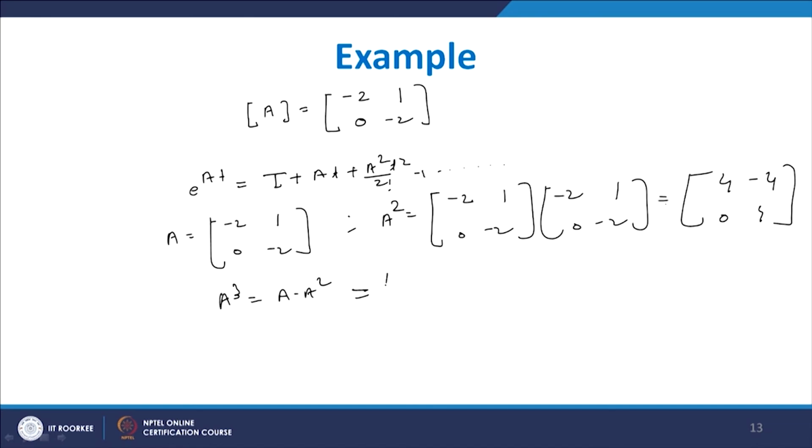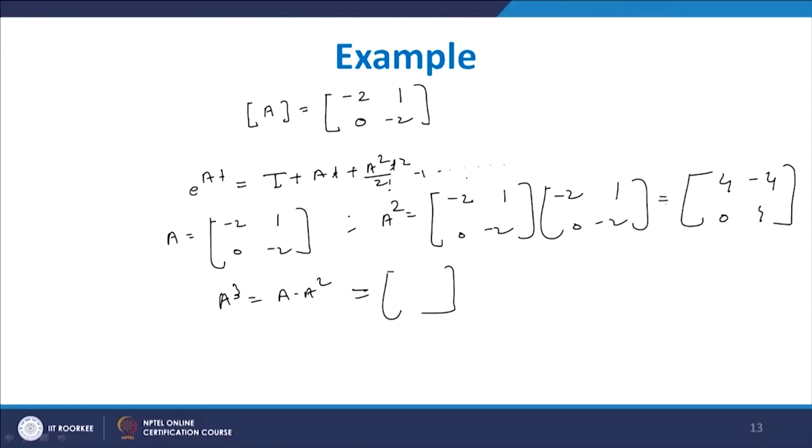So, we have to solve, you will get some values, and finally, you have to replace in these particular equations. So, you will find that there are some terms. Everywhere these terms are added, and finally, you get e raised to at as e raised to minus 2t, t into e raised to minus 2t, 0, e raised to minus 2t.